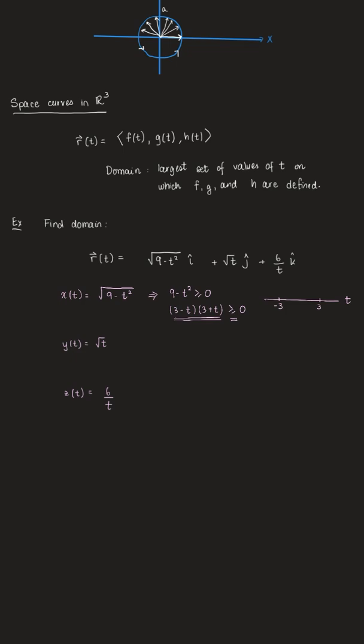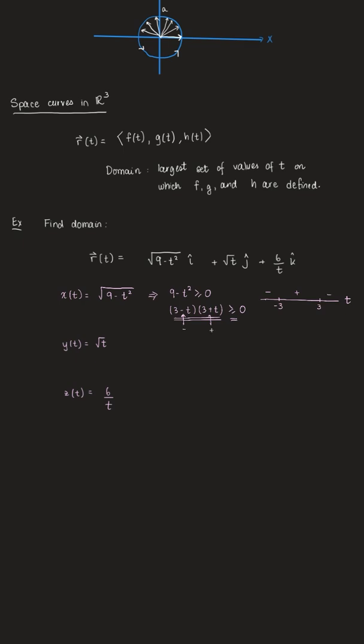If I pick a test point that's smaller than -3, like -4, then this term will be positive, this term will be negative, so overall we'll have a negative value here. If I pick a value of t between -3 and 3, like 0, the first term in my product will be positive, and so will the second, so the product will be positive. And picking a value of t greater than 3, like 4, I'll have a negative for the first term, a positive for the second, so the product will be negative.